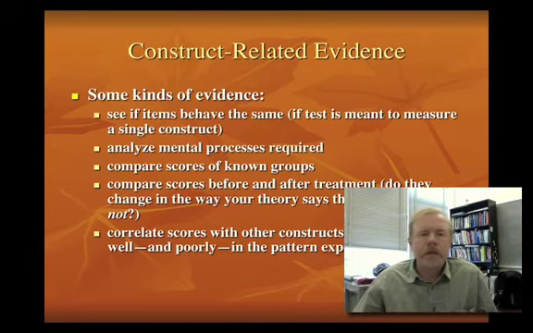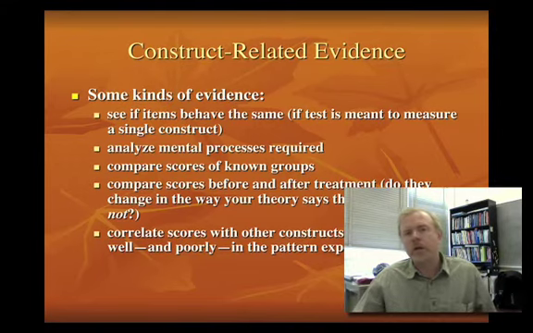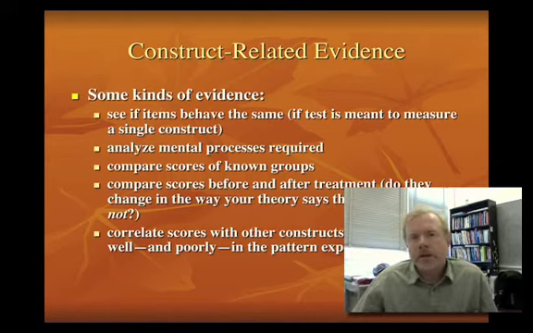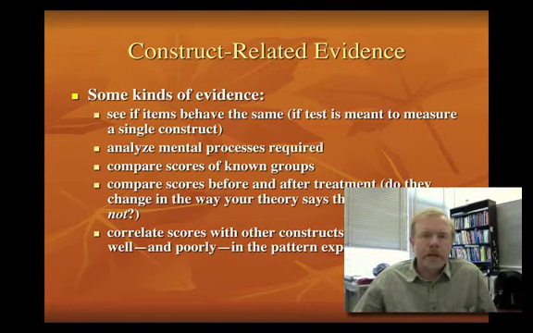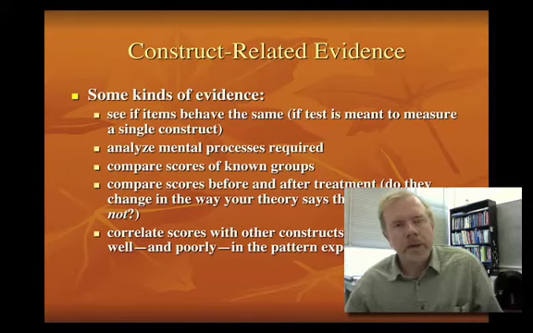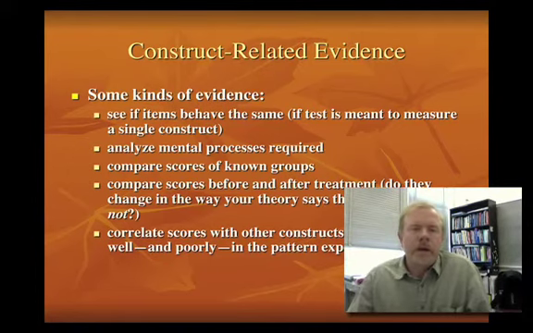Another piece is to take a look at correlations with other constructs. Do they correlate strongly with similar constructs, and do they correlate weakly with dissimilar constructs? Let's say that we know that mathematical calculation ability and mathematical reasoning ability should be highly correlated, but it might not necessarily be so that mathematical reasoning ability and writing ability are directly correlated.